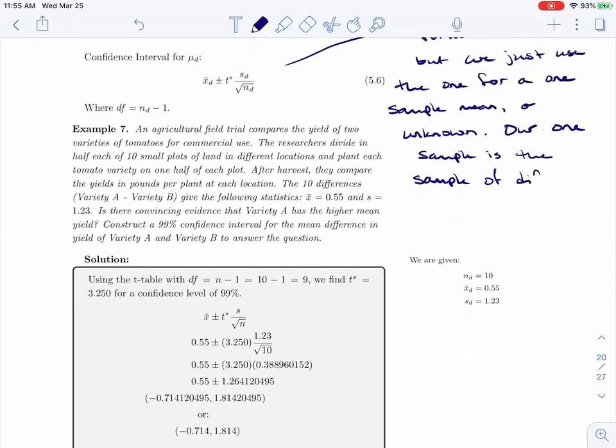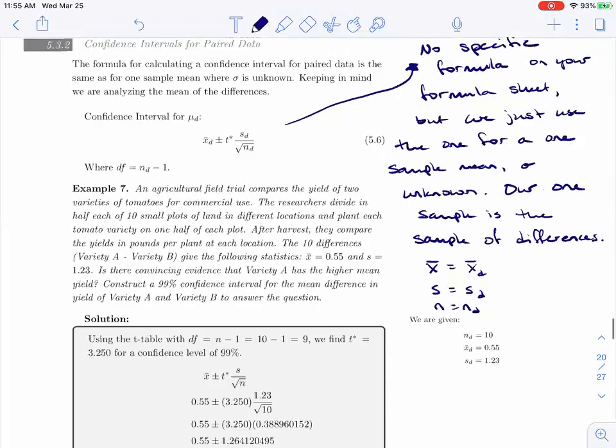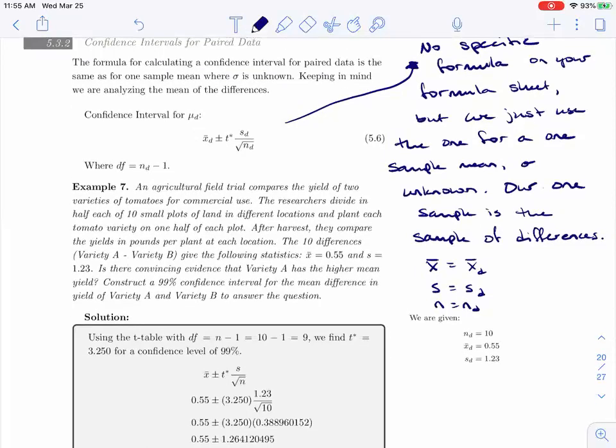So X bar is the sample mean of the differences. S is the standard deviation of the differences. N is the sample size of the differences. And then, of course, the degrees of freedom is the sample size of the differences minus 1.